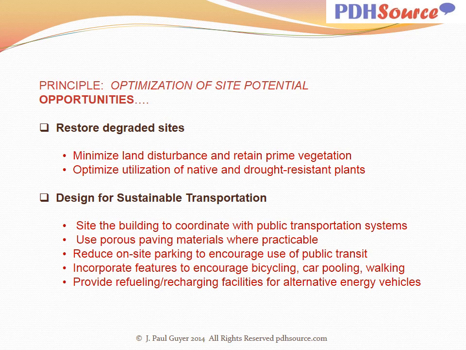Or perhaps there's a bus stop out at the street, and you design into your site plan a nice, convenient, pleasant path for employees and visitors to move from your building to the bus stop or the light rail station or whatever it is that is out there.